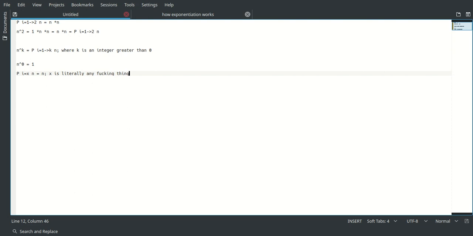Capital Pi notation cannot be mapped to exponentiation via bijection, and yet capital Pi notation is allegedly iterated multiplication. And exponents are allegedly iterated multiplication. One of them is validly iterated multiplication. The other one is bullshit. And you can tell because when you attempt to do bijection, you get a paradox.